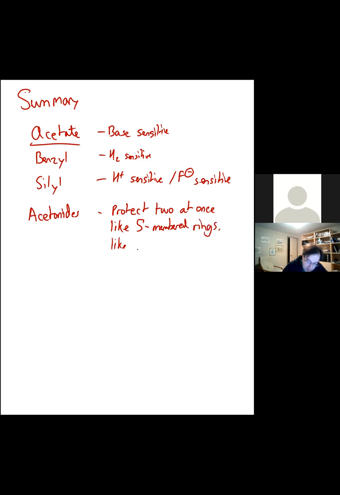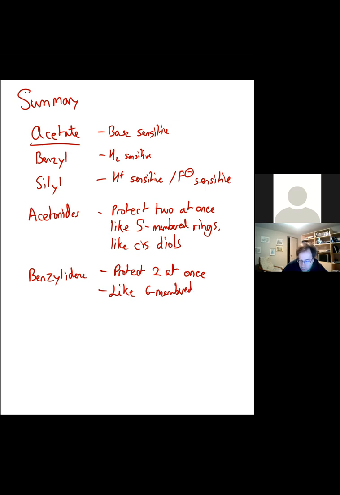Like 5-membered rings. Like cis-diols. Then we had the benzylidenes. Protect two at once. Like 6-membered rings. You don't really get 5 no matter what you do. You can't really make it go 5.